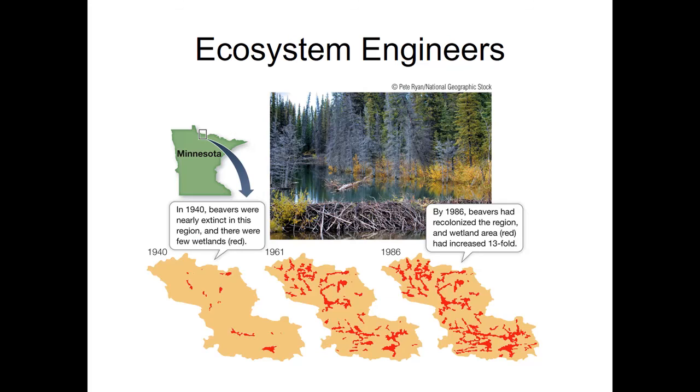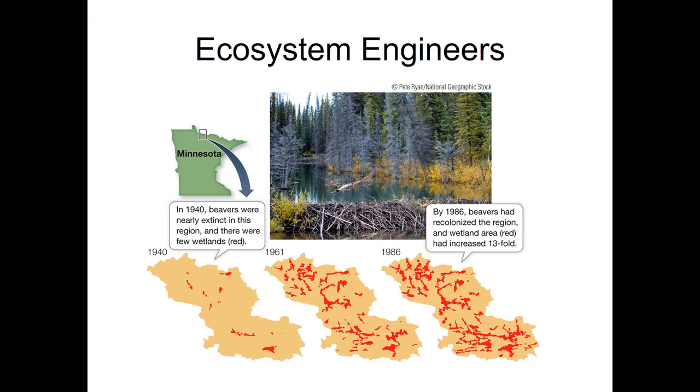And then finally we have an ecosystem engineer. An ecosystem engineer is a species that creates, modifies, or maintains, or all three, the physical habitat for themselves and for other species.